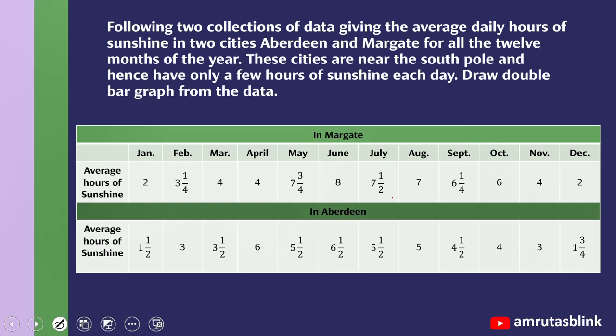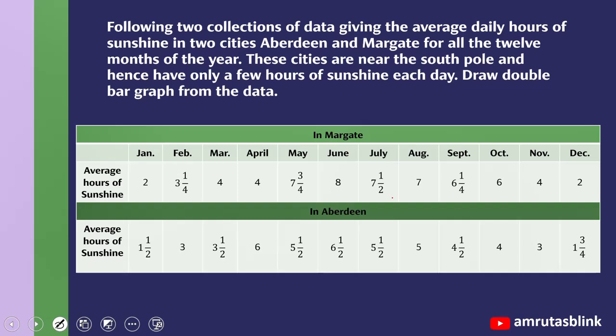And in Aberdeen, average hours of sunshine are 1 1/2, 3, 3 1/2, 3, 3 1/2, 6, 5 1/2, 6 1/2, 5 1/2, 5, 4 1/2, 4, 3 and 1 3/4.